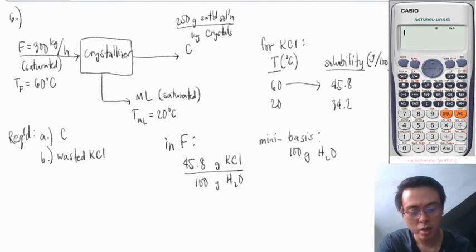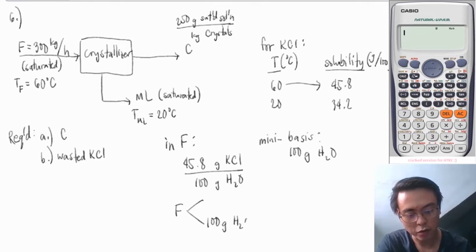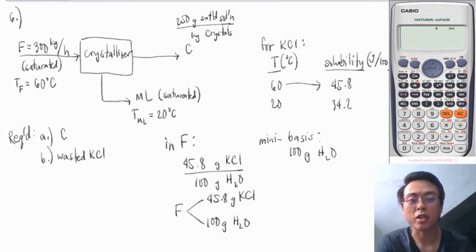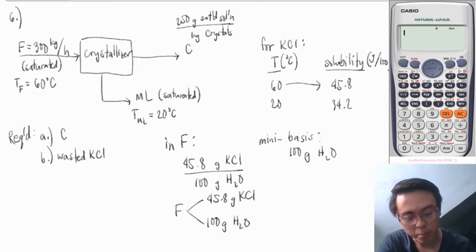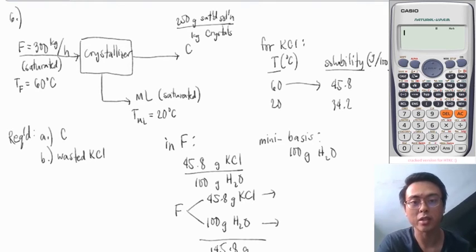So this tells us that your F, or the feed, contains two components. First, you have the 100 grams of water, and you also have 45.8 grams of KCl. If you put it this way, then it becomes really obvious and really easy to convert this to mass fractions or mass percentage. We simply get the total. The total mass for F would be 145.8 grams, and you can get the mass percent.